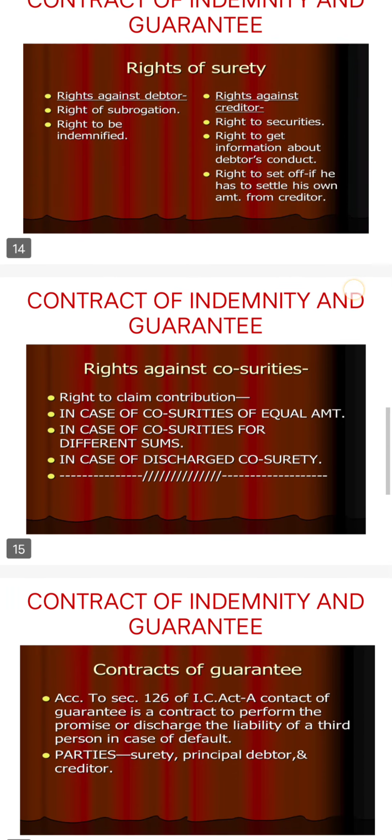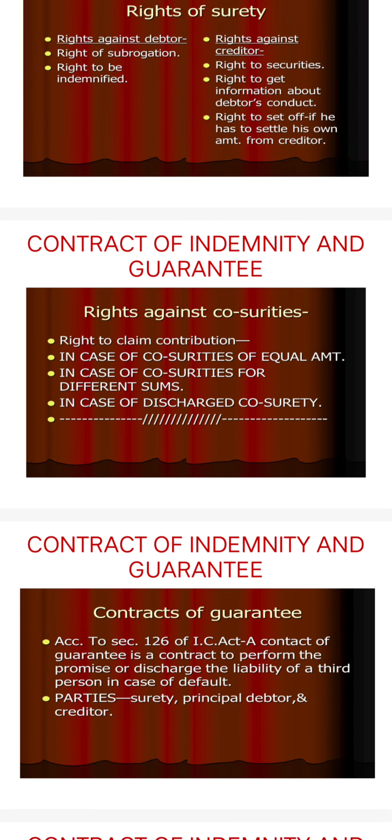The next is rights against co-sureties, right to claim contribution in case of co-sureties of equal amount, in case of co-sureties for different sums, in case of discharge of co-surety. These are all the contract of indemnity.